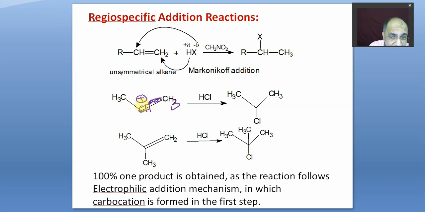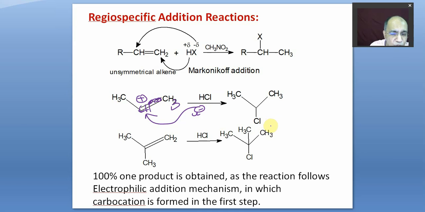Either the carbocation will be formed here, that is a 2-degree carbocation, or it will be CH2 plus here, in that case a primary or 1-degree carbocation. As you know, there is no chance of 1-degree carbocation formation when there is a chance of 2-degree.